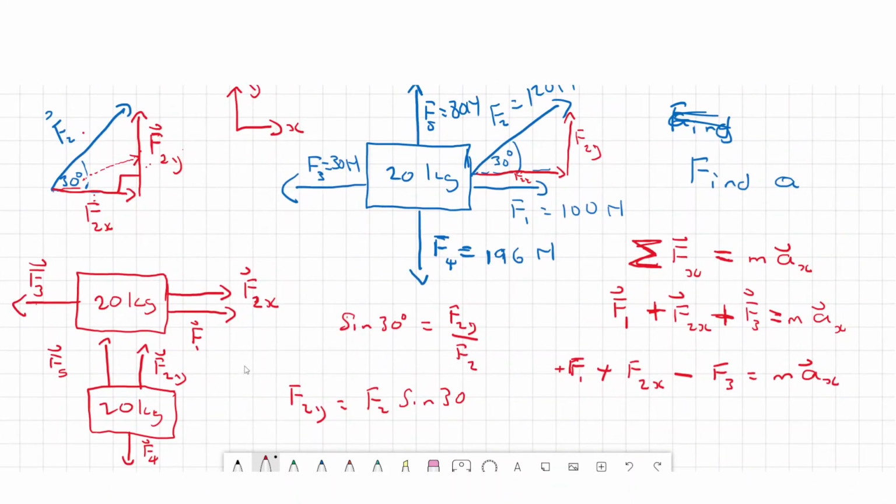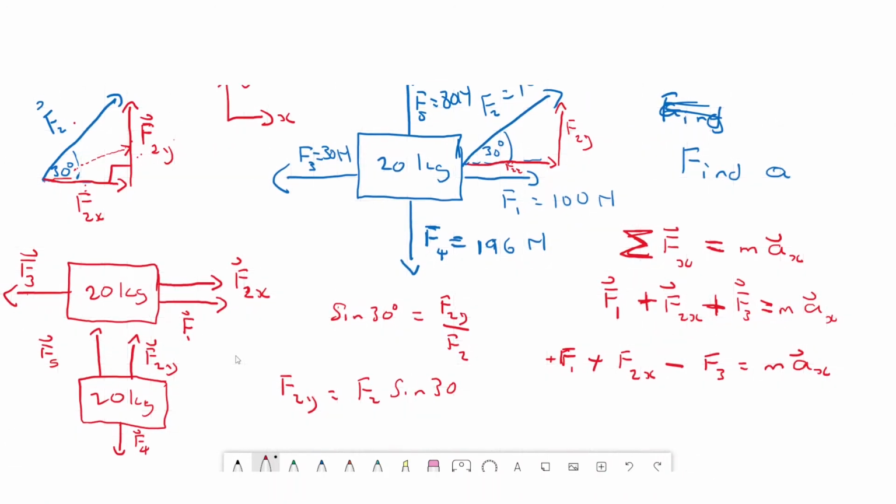All right, let's do this one. I'm trying to make space. This one is on the adjacent side, so it's going to be the cos of 30 degrees equals the adjacent side, which is F2x, over the hypotenuse, which again is F2.